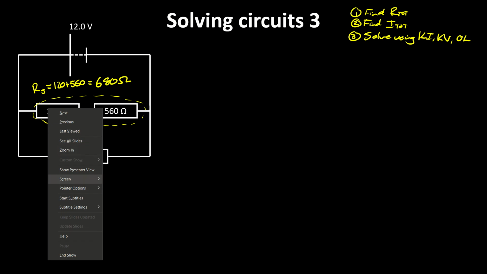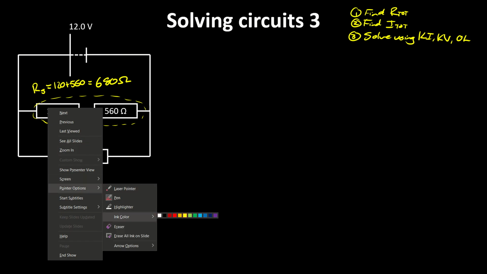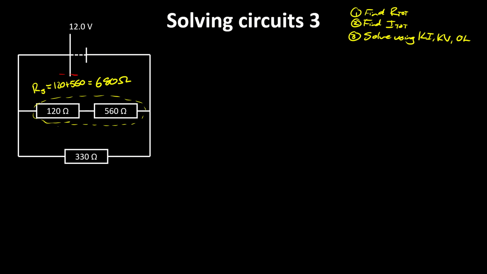So then we need to find the resistance of the whole thing. Now, those two branches are in parallel, so it's going to be 1 over the total. It's going to be 1 over this branch, the one we just figured out, 1 over 680, plus 1 over 330.